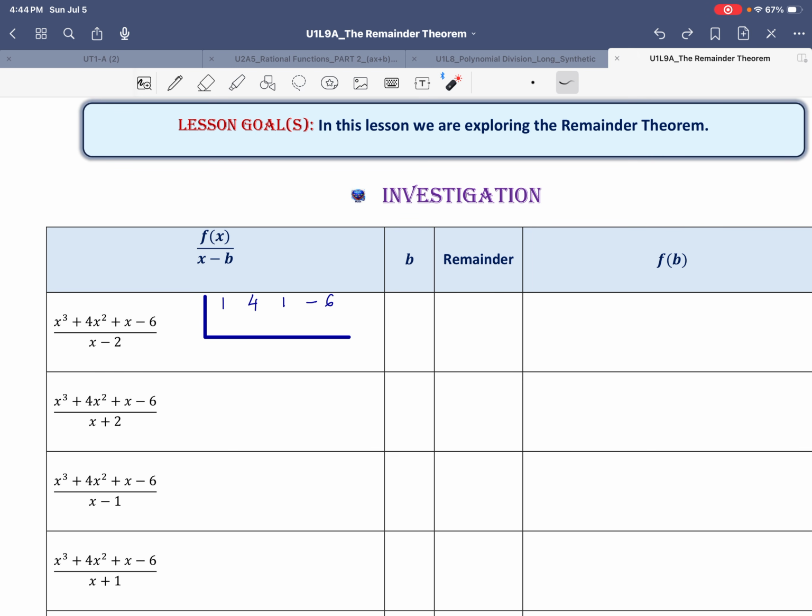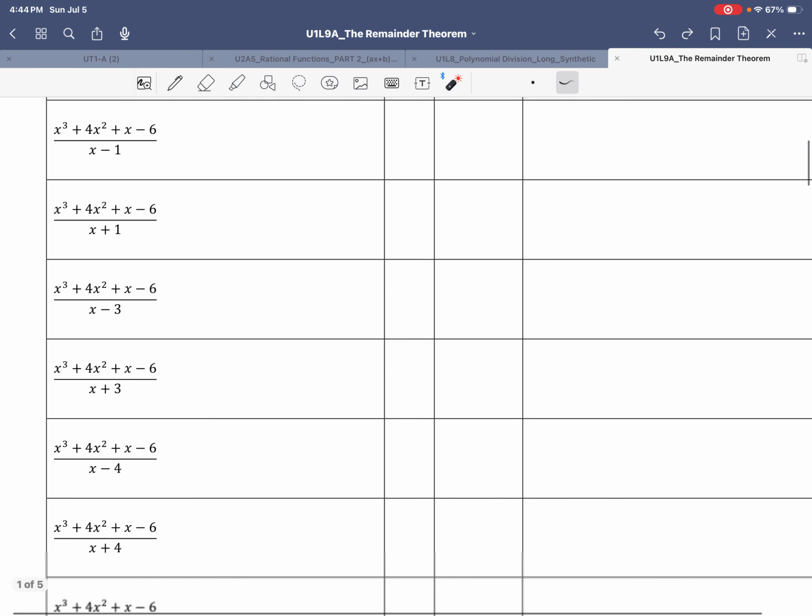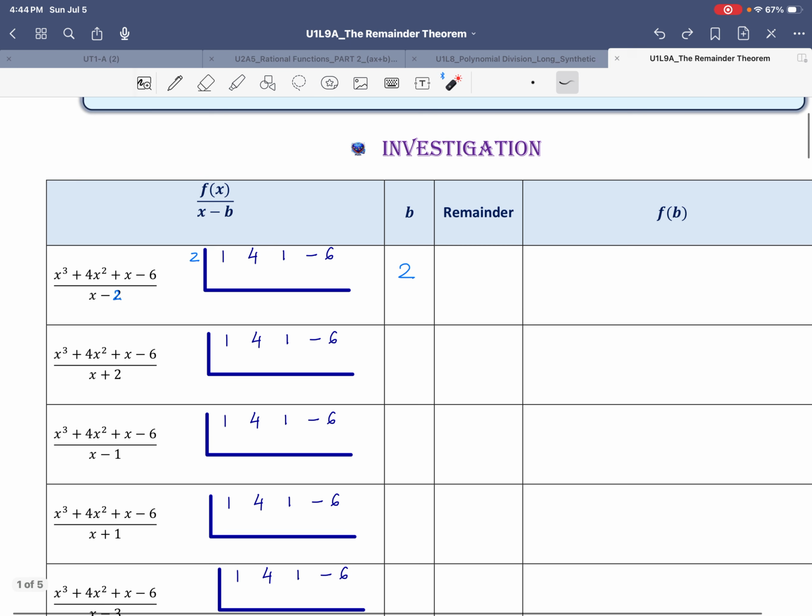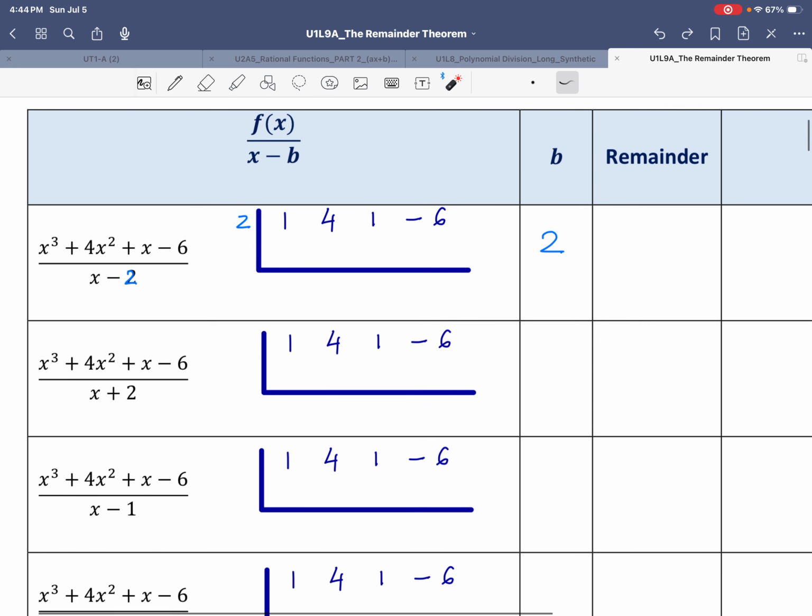As you can see here, we are subtracting 2, which makes the value of b equal to 2. So we'll record that in the chart and put it in the division here. Now, because we will be dividing the same polynomial, we're going to set up these divisions for the rest of the investigation. So let's begin with the first division.